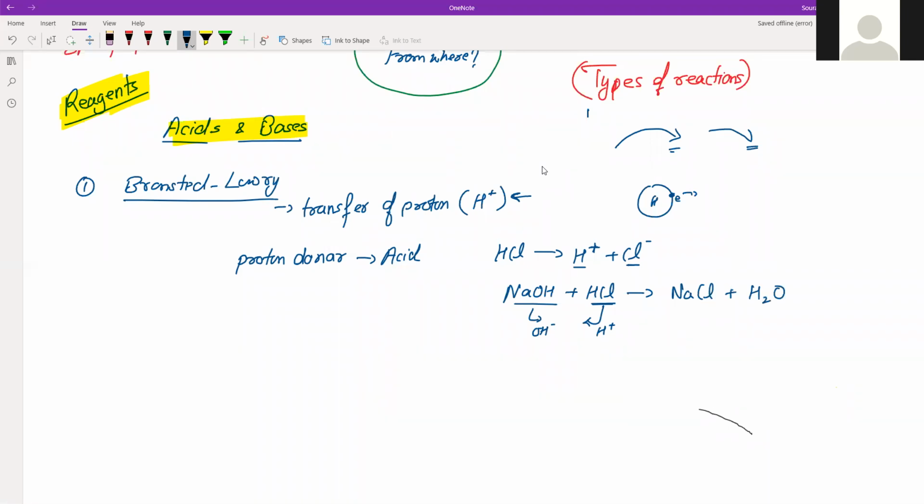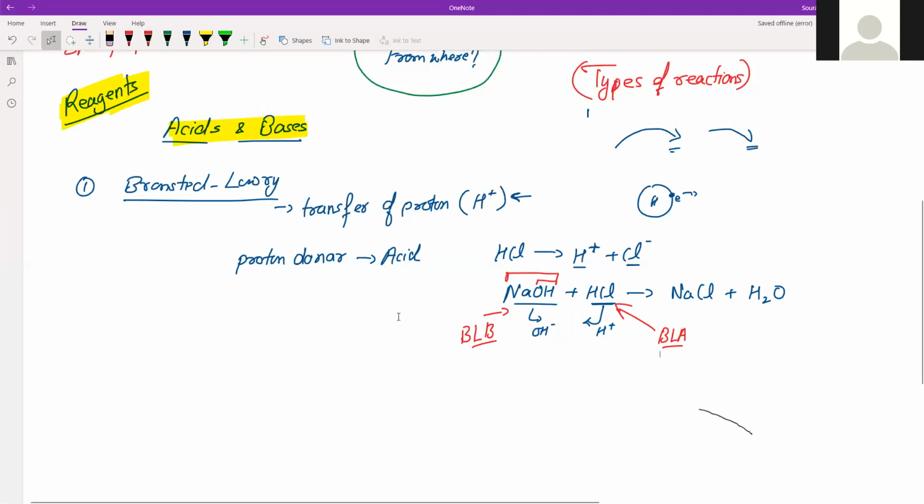H plus was given by HCl, so that's why this HCl is actually a Bronsted-Lowry acid, and this has accepted the H plus, right? NaOH had OH. This OH accepted H plus and became H2O. So this is a Bronsted-Lowry base. This is the basic definition of acid and base according to Bronsted and Lowry's concept.